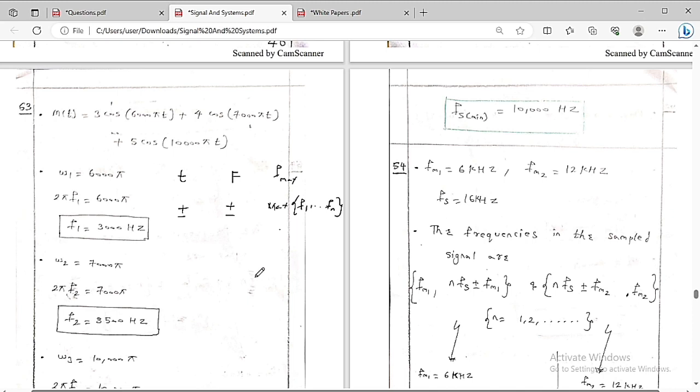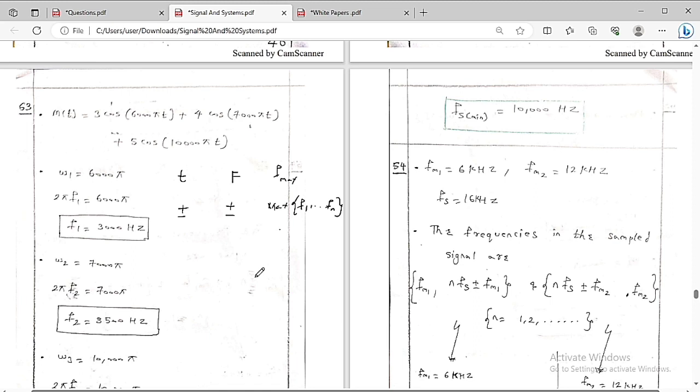So what I told you: in the time domain, if you are doing addition or subtraction of signals, the same thing is going to happen in the frequency domain also. And if you want to find the maximum frequency present in a signal, out of all the frequencies, see which has the maximum value. That value is the maximum frequency, which is FM. So Fs is always greater than or equal to 2 times FM.